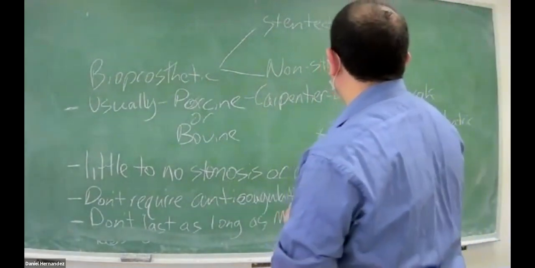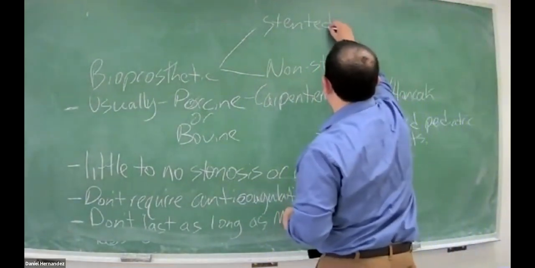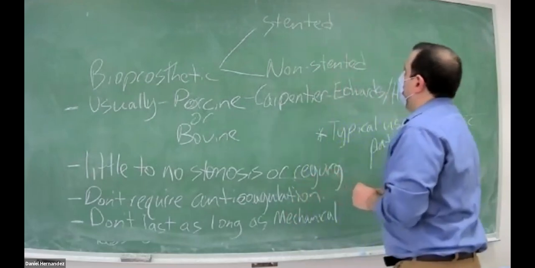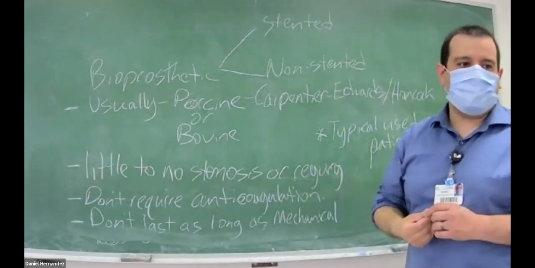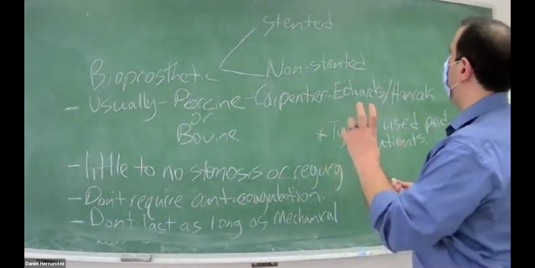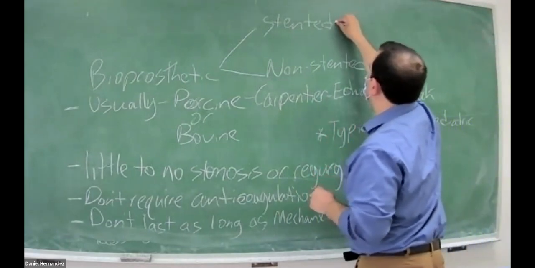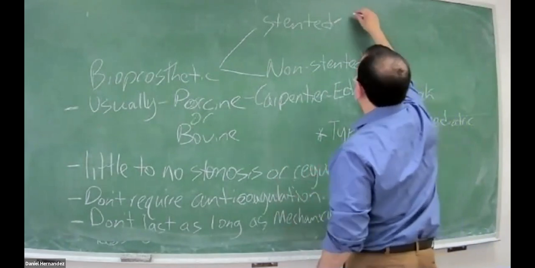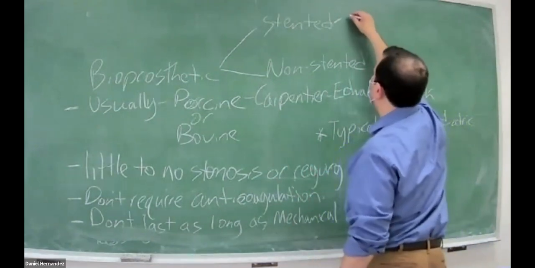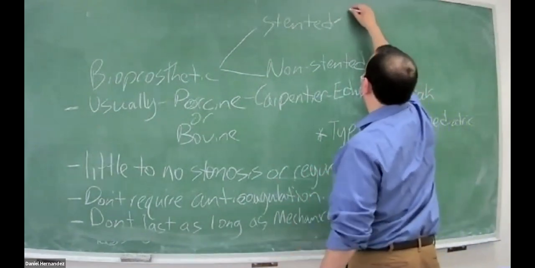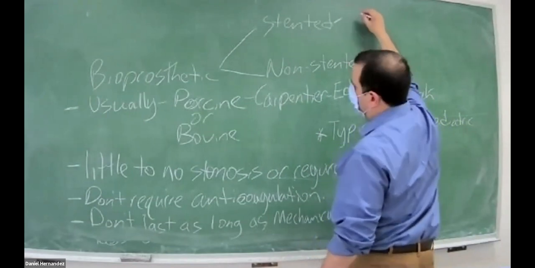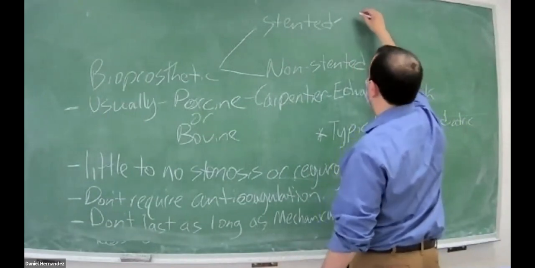So basically the stent is a ring that's almost like an annulus that you're placing into the annulus, with the valve as well. If you look at stented, we'll call that the stented valve.